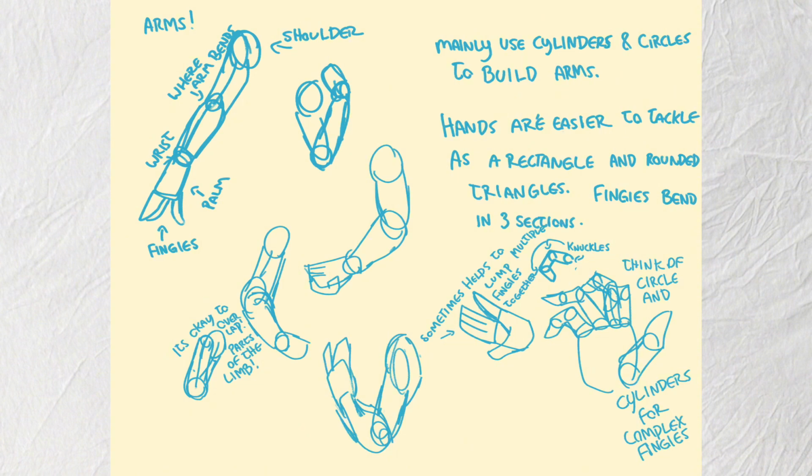It has the part where it connects to your palm, the midsection, and then the one that leads to your fingertips. You want to think of it in 3 sections, so it helps to have those individually situated. And sometimes what helps me figure out how I want to draw a hand is that when you're posing a hand, you can clump a few fingers together.